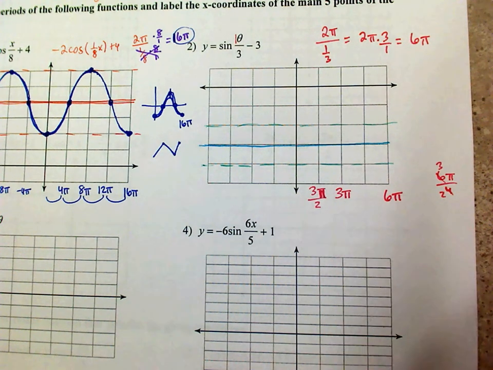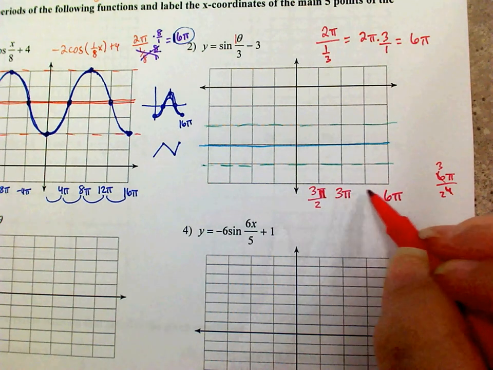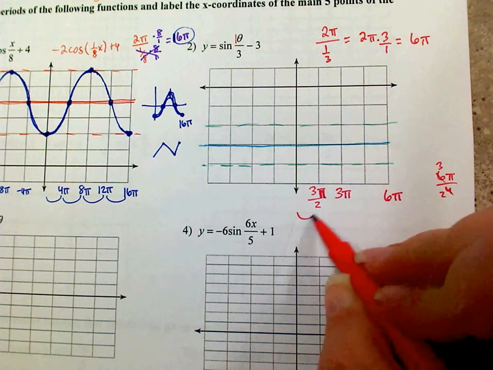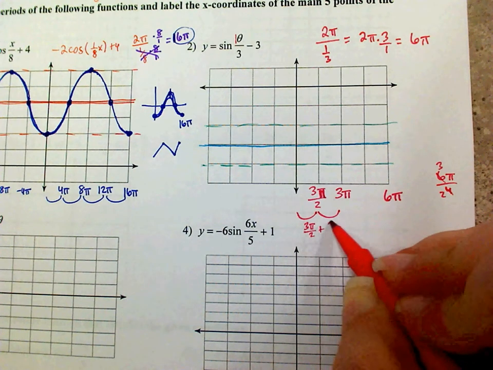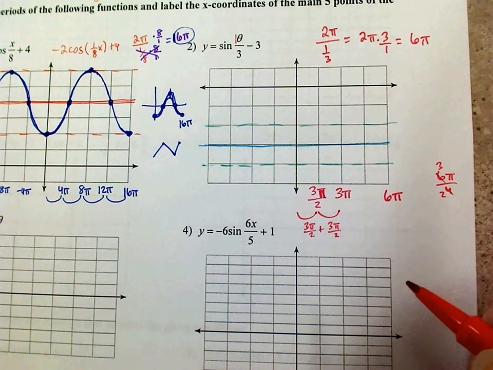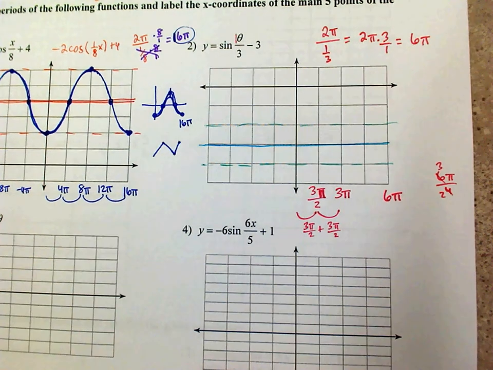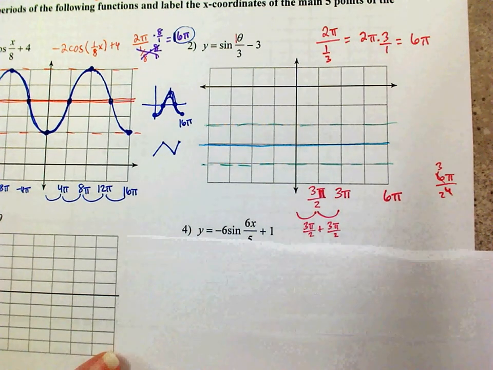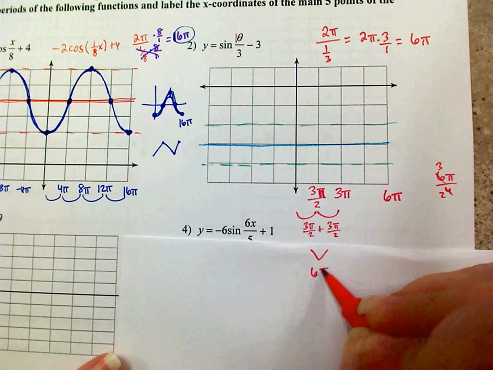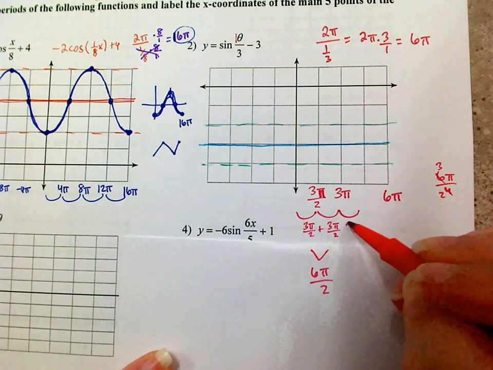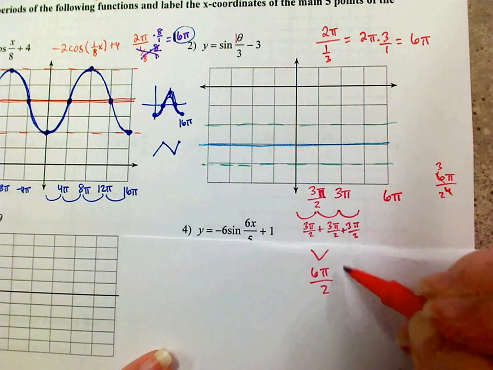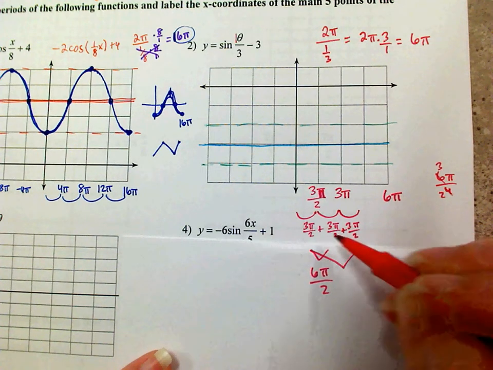Okay? Now, I need this point right here, though, right? So remember, this is 3 pi over 2. So if I got 3 pi over 2 plus 3 pi over 2, that is 6 pi over 2. If I then add another 3 pi over 2 to get to that one, then that all adds up to 3 pi over 2 plus 3 pi over 2 plus 3 pi over 2.